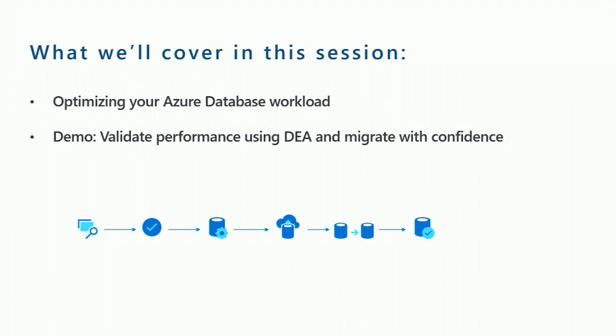Remember yesterday we talked about the very first step, doing the assessment of the databases and finding out the right target as well as the right target size. We call that the SKU recommendations. I recommend customers use DMA to do the SKU recommendations. That way you at least know this is your start point.